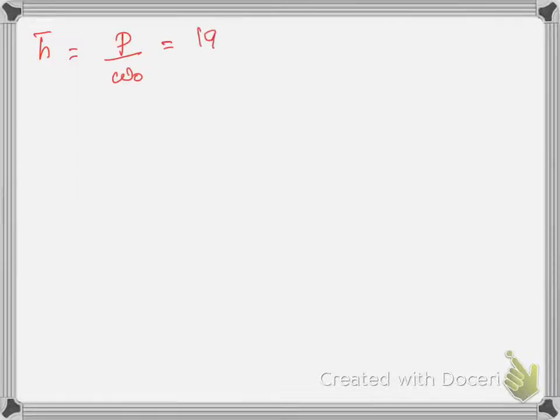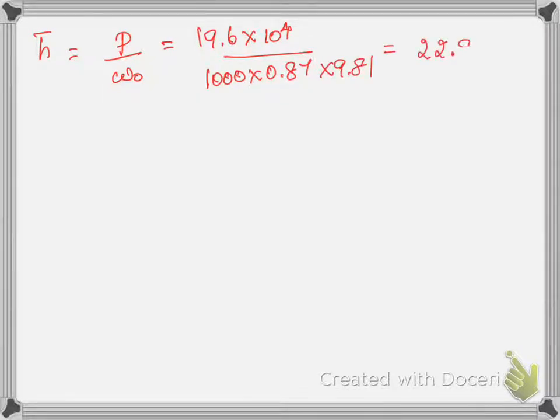P value is 19.6 into 10 power 4 and omega naught is rho naught into g. So rho naught is 1000 into 0.87, g is 9.81, which is going to be 22.988 meter. So I have calculated my pressure head at the center, or h bar.